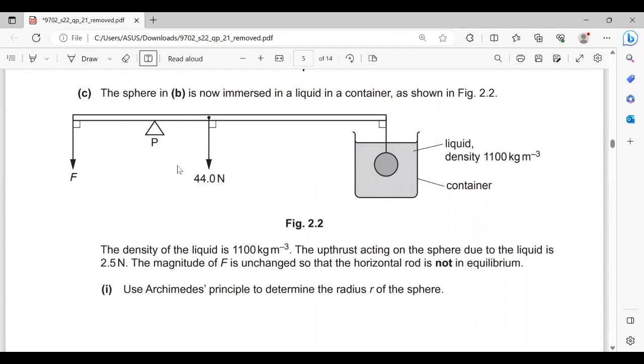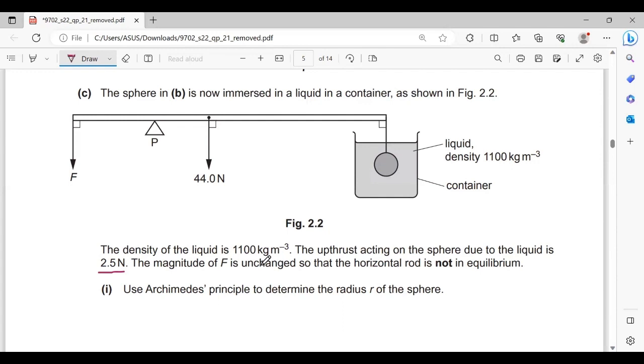This is the force of F2. The upthrust acting on the sphere due to the liquid is 2.5 newtons.